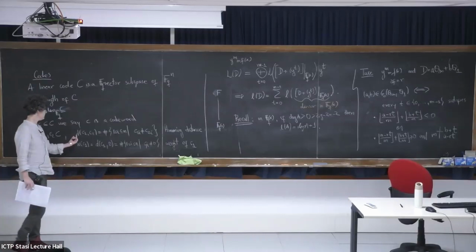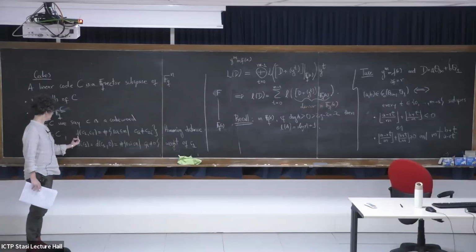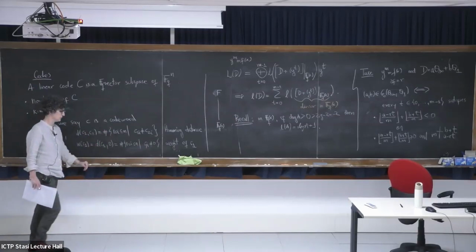It is the minimum distance between all distinct code words in the code, and we can show that this is also the minimum of the weights of all your nonzero code words, if you just look at the distance of all code words to 0.